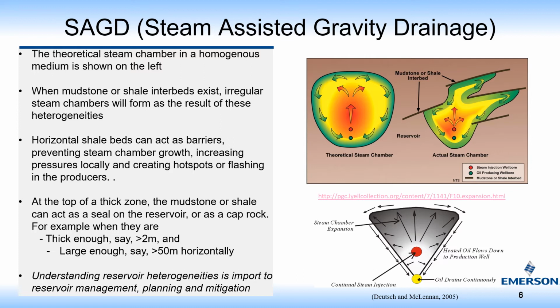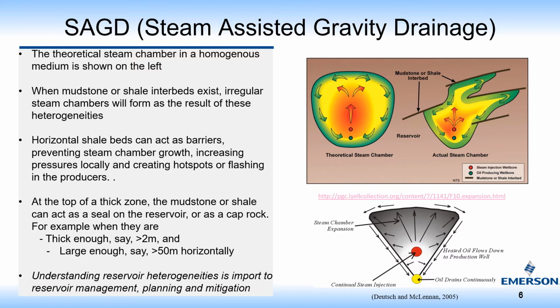So the horizontal beds can act as barriers, preventing steam chamber growth, and also local changes in the roof of that steam chamber can cause some flashing. You don't want to have steam going from the injector down to the producer. You want a gradient. And a local low spot can cause a pressure change that affects not only the well pair, but the adjacent well pairs in a producing pad. So we want to know about that too.